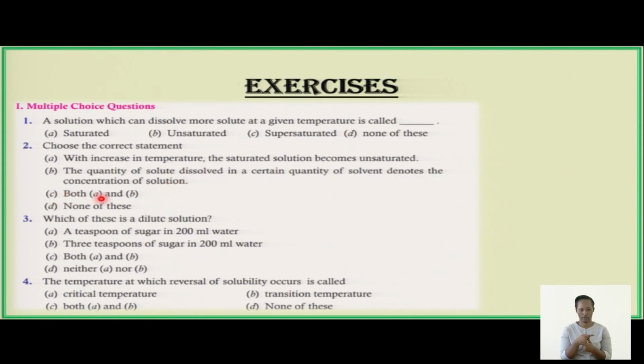C, both A and B. And D, none of these. Think about it. What do you think will be the right answer? A, B, C, or D?